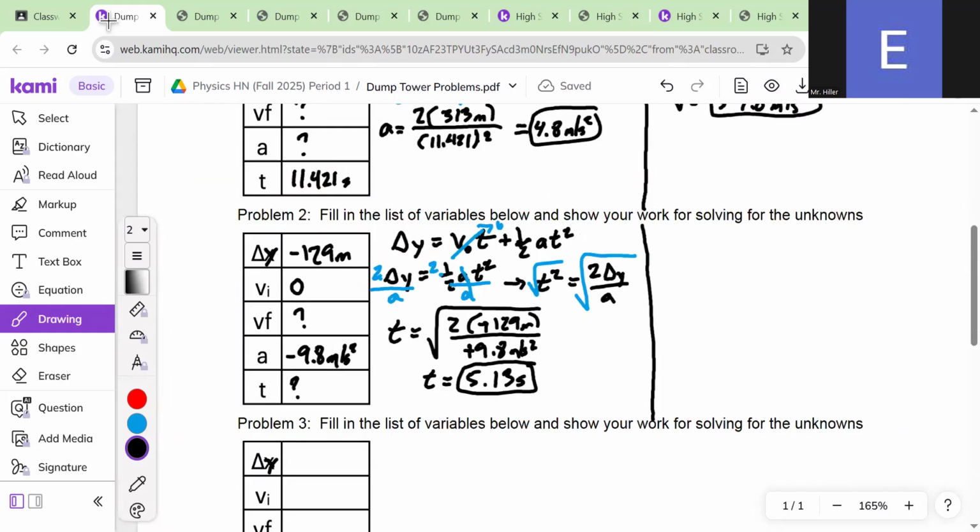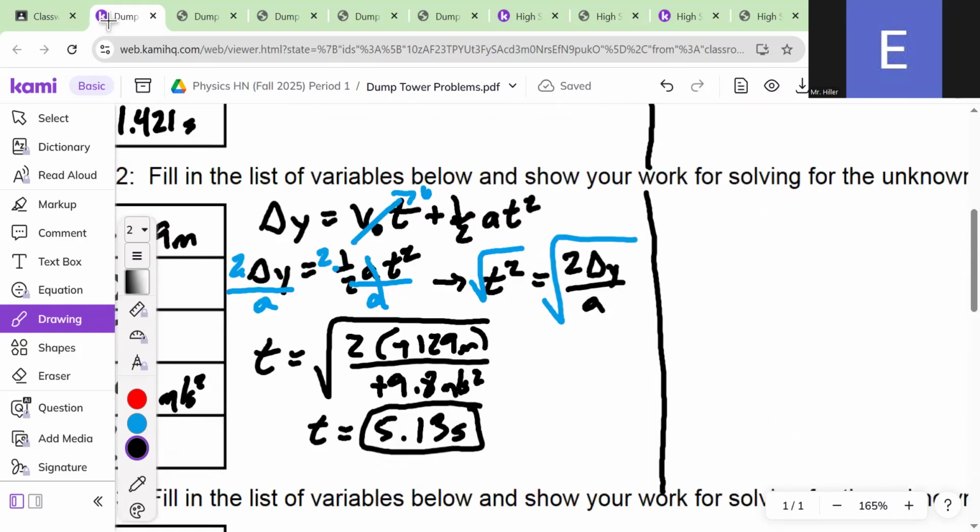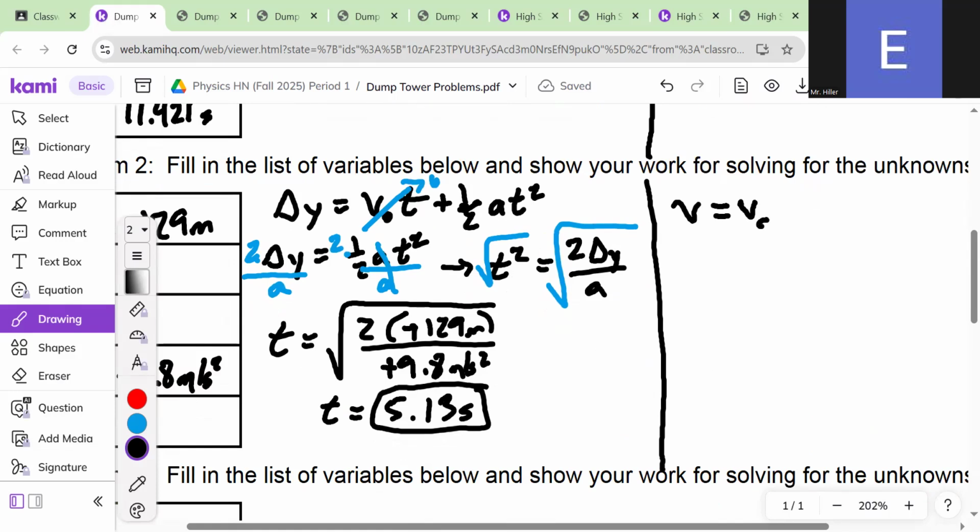Well, again, just like in question number 1, I can come back with the equation V equals V naught plus AT, equation number 8. And again, V naught is 0 because you're dropping it. So just go ahead and plug in. We're going to go negative 9.8 times the time that you got. I got 5.13 seconds.